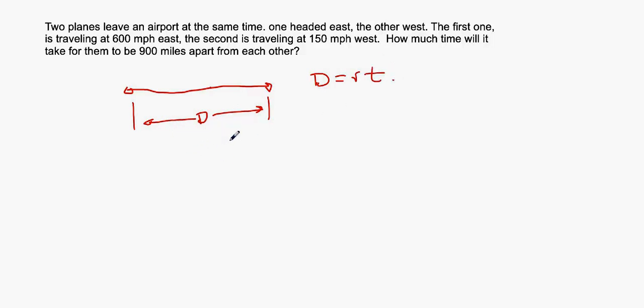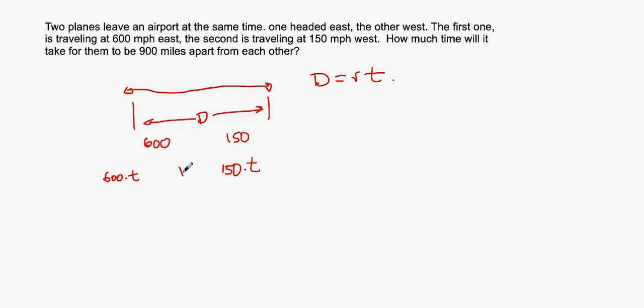Now, one of the planes is traveling at 150 miles per hour, going one direction. The other one is moving away in the opposite direction at 600 miles per hour. And using the formula for each one, this one will be 600 multiplied by the time, and the other one will be 150 multiplied by the time.